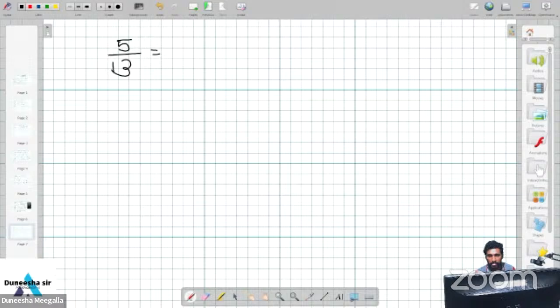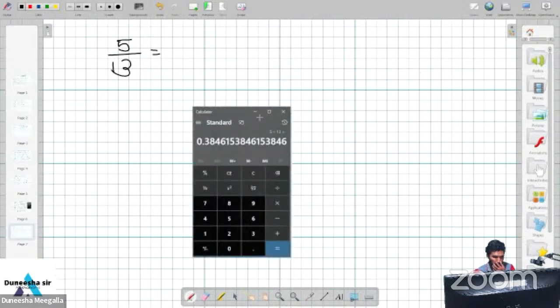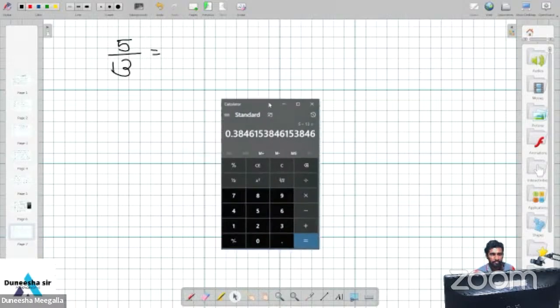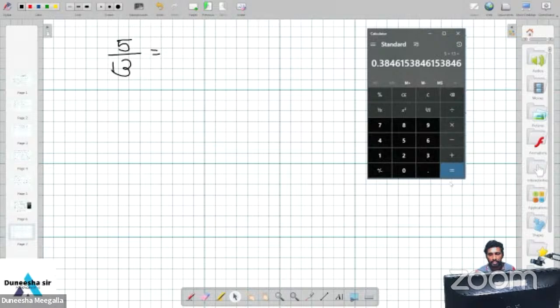You have to mark the starting point and ending point of the decimal. Okay, write down the first decimal number and mark the repeating decimal section. Can you mark it up? Okay.